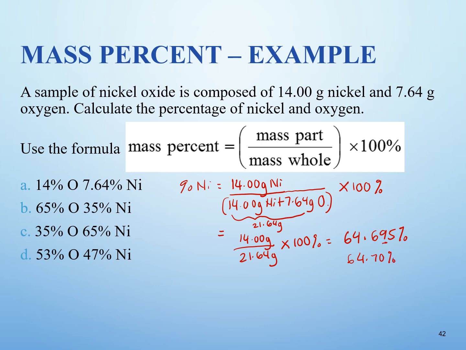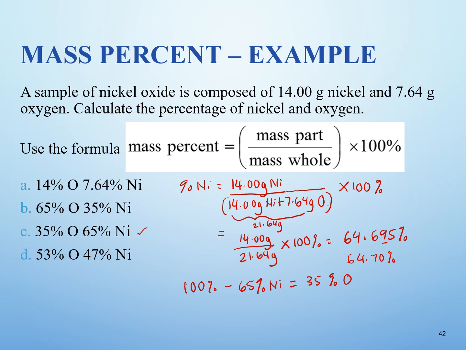And then you can just pick whatever is left over as the number for oxygen. Since there are two parts, the percent of nickel is 64.7, or we can round to 65%. So 100% total minus 65% of nickel, the leftover percentage would be for oxygen, and oxygen's number would be 35%. So in that case, we would pick answer C.